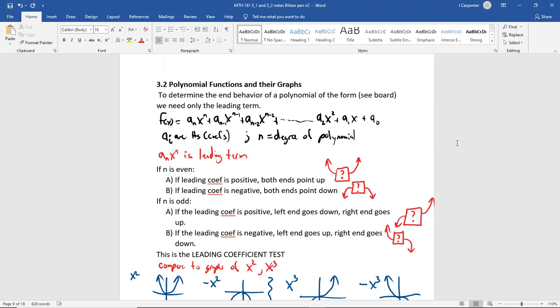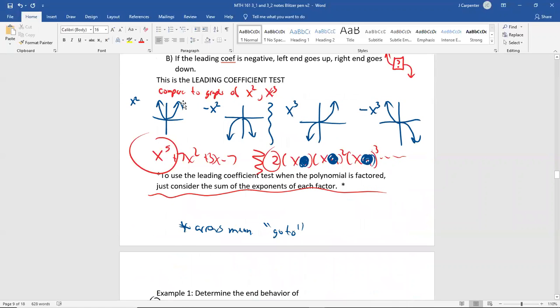Let's pick up where we left off in 3.2. So just very quickly, showing the things that are part of the process. We have our leading coefficient test, which is how we tell whether the ends point up, down, or some combination, all based on whether your leading term's exponent is even or odd, and whether its leading coefficient is positive or negative. And we said that that related to the graphs of x squared and x cubed.